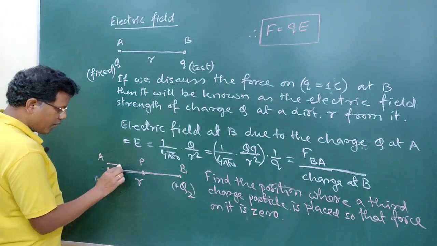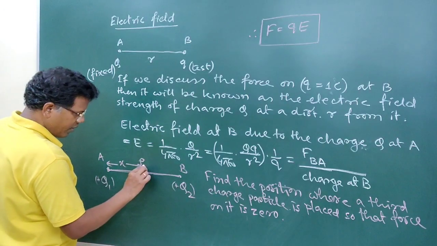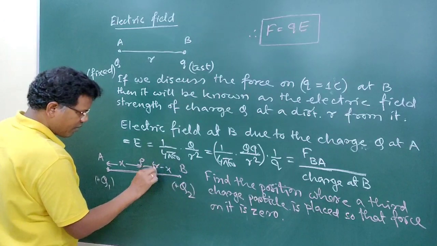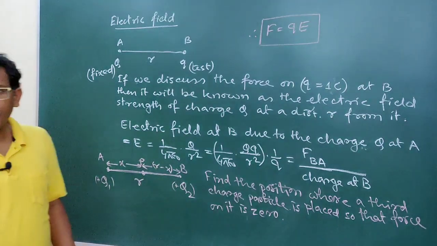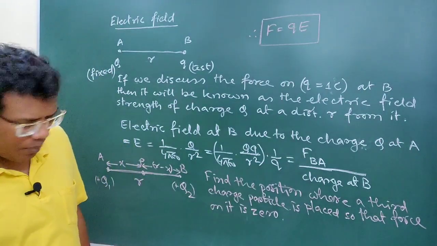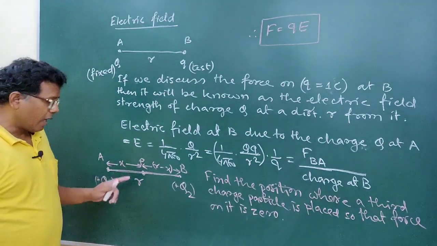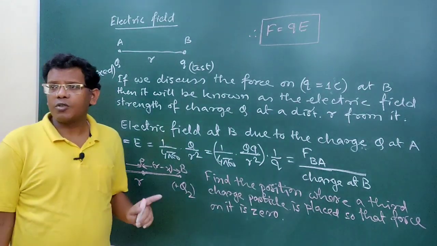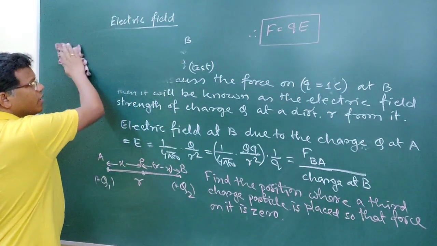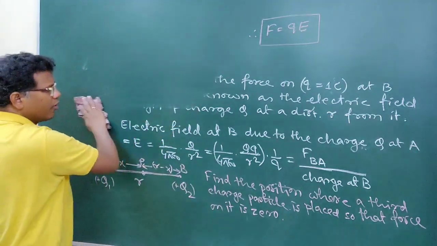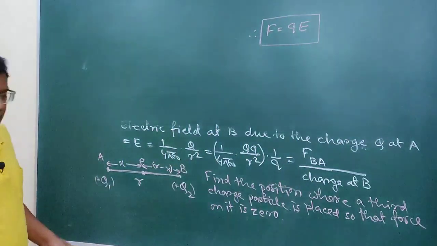Let one position be x from P, then the other given charge must be r minus x from it, because the given charges are r distance apart. The third position where we can place a third charged particle so that it experiences zero force must be the zero electric field position due to the first two given charges.